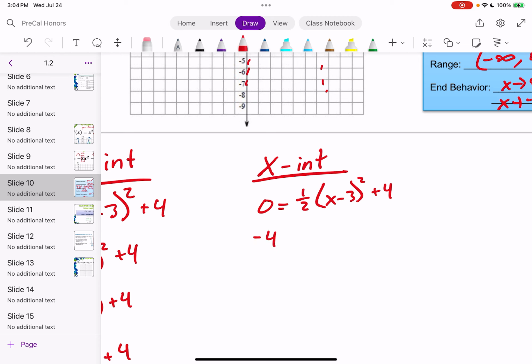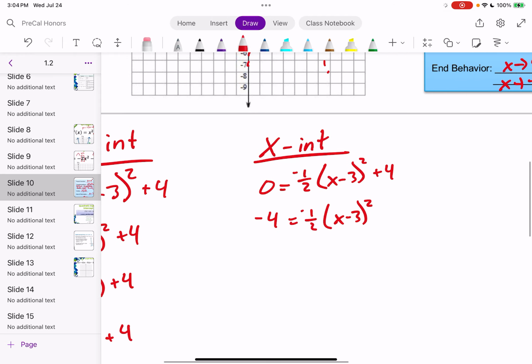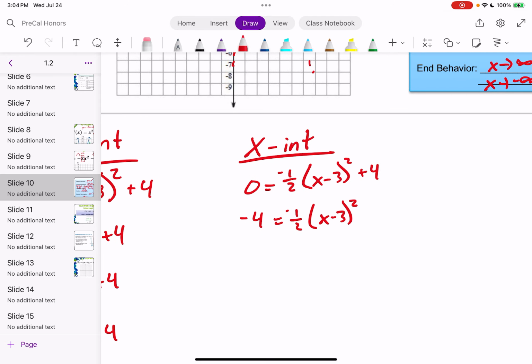So negative 4 is equal to negative 1/2 times (x minus 3) squared. We're going to multiply both sides by negative 2 to get rid of the negative 1/2. That would leave us with 8 is equal to (x minus 3) squared.